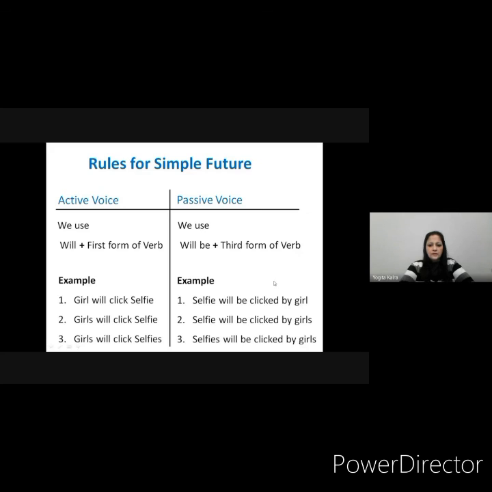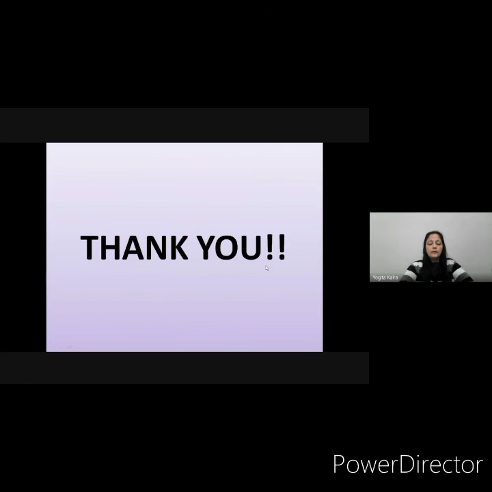So here you have seen how we have used will be plus the third form of the verb in all three sentences, and we have changed the active voice sentences into the passive voice. I hope this topic is very clear to all of you. It is not a difficult topic, children.